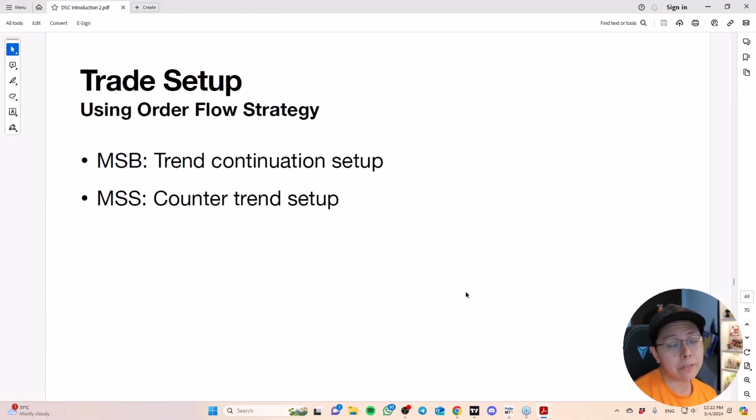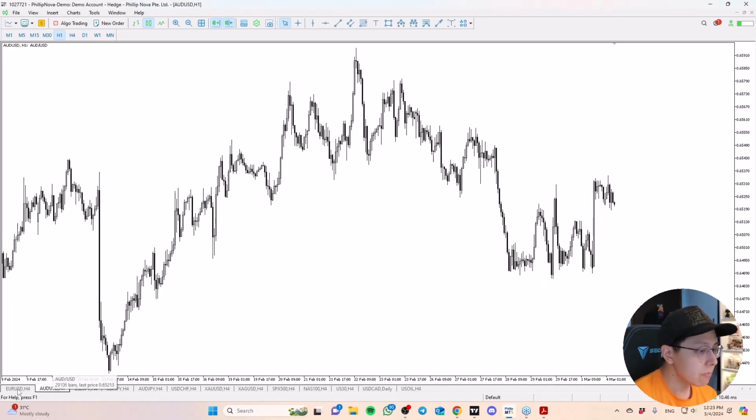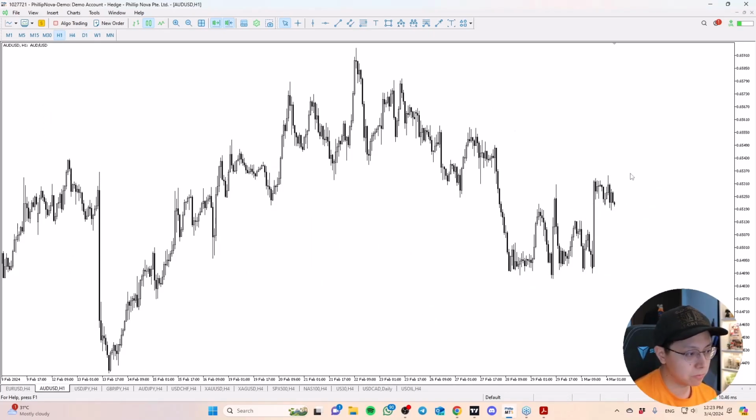After we have a clear directional bias, the next thing we want to do is to establish our setup. Now we know, for example, this week I'm interested in the euro dollar as well as Aussie dollar. In a while I'll do a deep dive of the Aussie dollar analysis. When I have a directional bias, that means I have something to be focusing on.